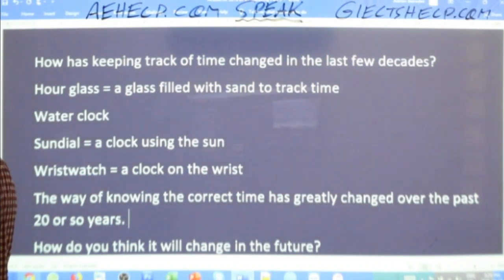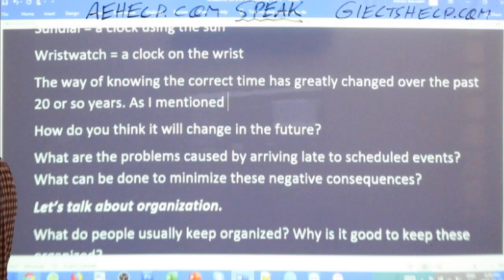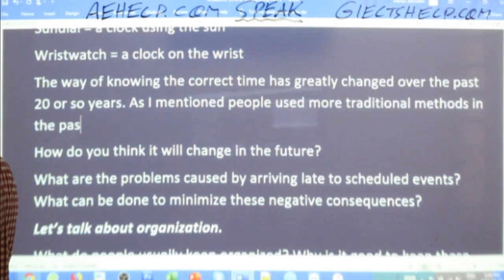Let's keep it a little bit clearer and more accurate, and make sure to connect among your ideas. As I mentioned, people used more traditional methods in the past, such as a wristwatch or a wall clock.